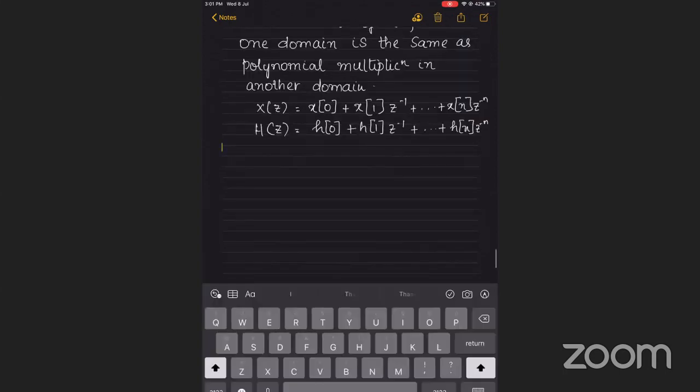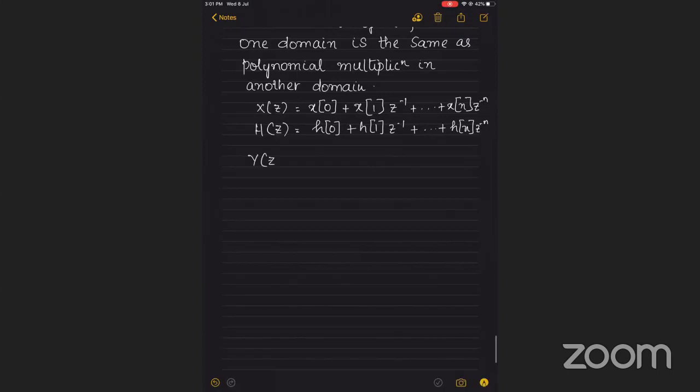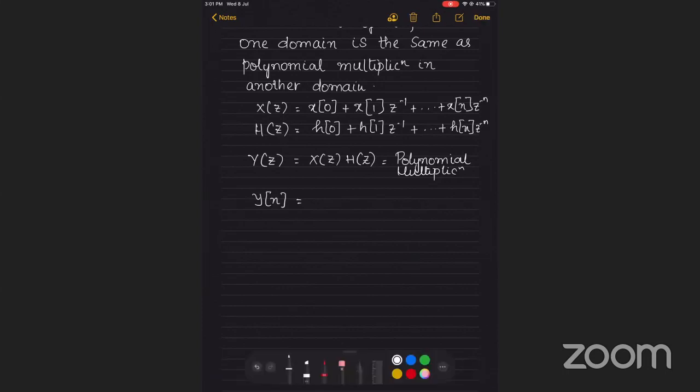Therefore, y of z is the multiplication of these two polynomials, x of z into h of z. Now my problem is, how do I do this polynomial multiplication? If I have to multiply these huge polynomials, how do I get my y of n from there?